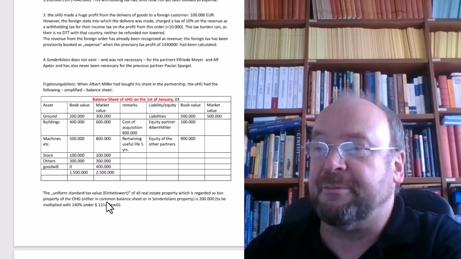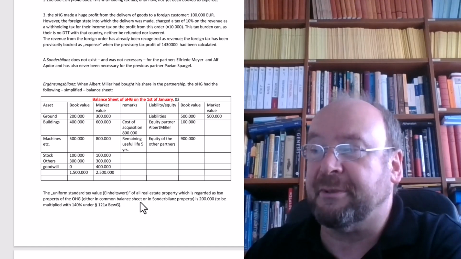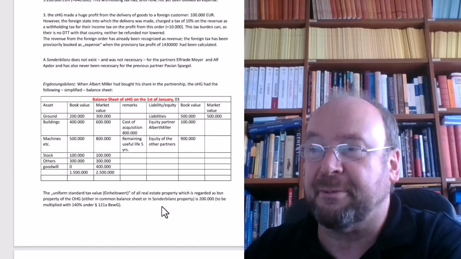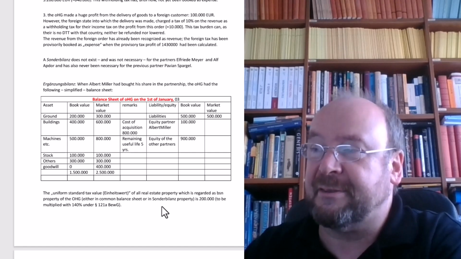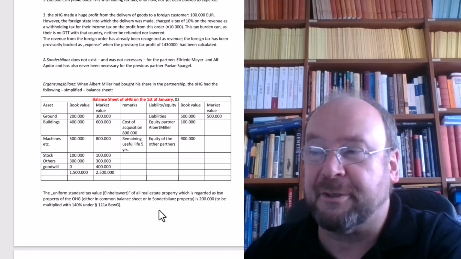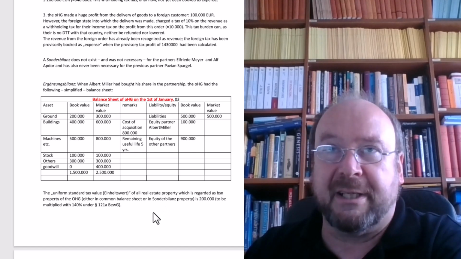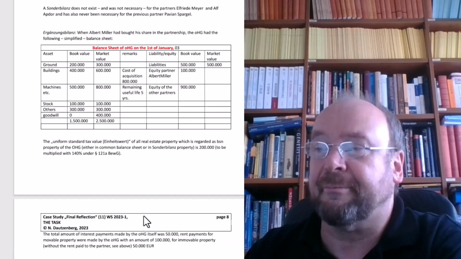And the uniform standard tax value, the so-called Einheitswert, of all the real estate property which is regarded as business property of the OHG, either in the common balance sheet or Sonderbilanz property or elsewhere, is 200,000 and has again to be multiplied by 140% as long as these rules still exist for purposes of trade tax.